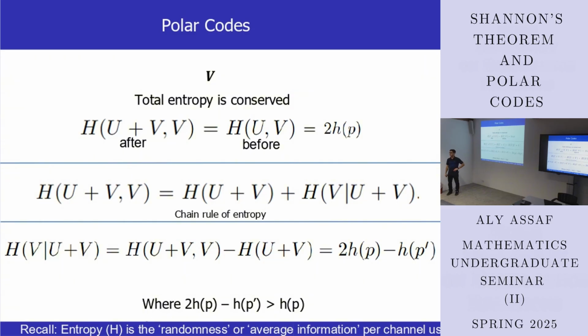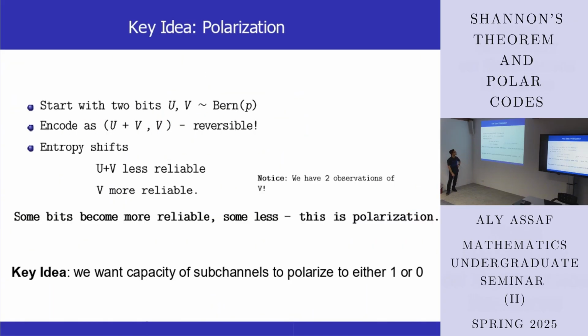I believe Arikan has proven that the u plus v bit gets more and more unreliable, and the bit that is just v gets more and more reliable. Well, he proved it only once. If you go to the next slide, or the one before.